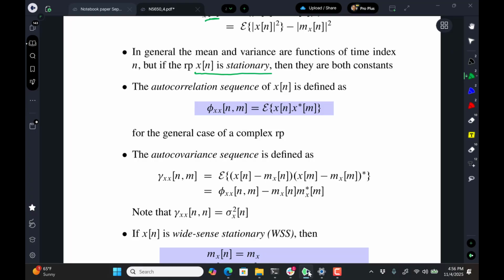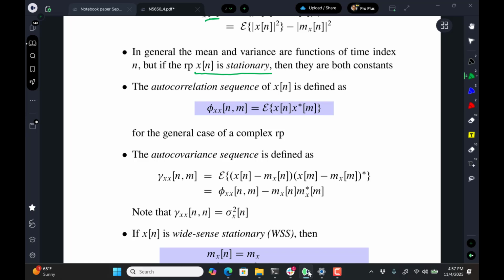So the first new thing we want to define in terms of a random process is this: if we form a random variable at time sample n and at time sample m, we define what's called the autocorrelation, or the self-correlation, of a sequence at vertical slice n and vertical slice m.